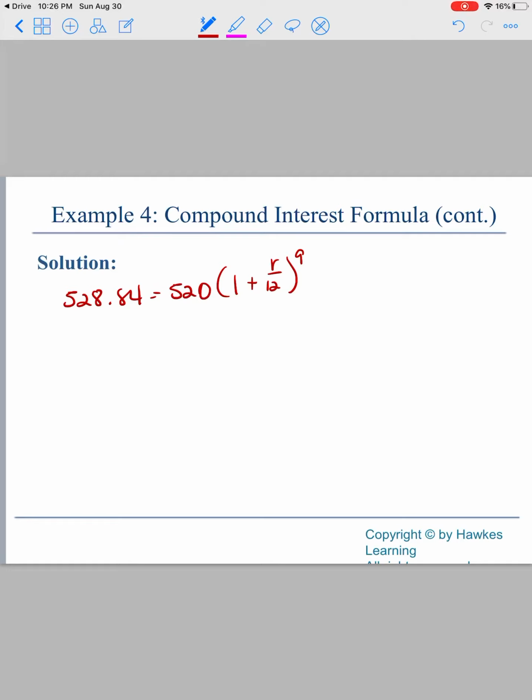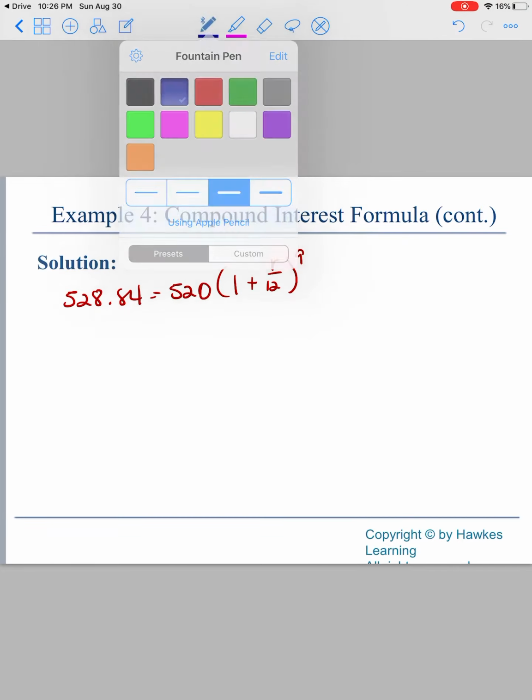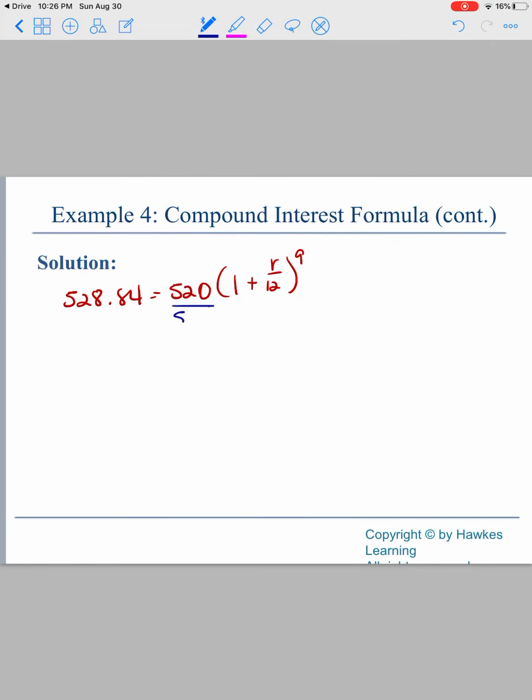The next thing I'm going to do is solve this for r and divide by the 520 on both sides. That's going to give me 1.017 equals (1 plus r over 12) to the 9th power. I've got to get rid of that 9th power before I can get r by itself. And to do that, I take the 9th root.